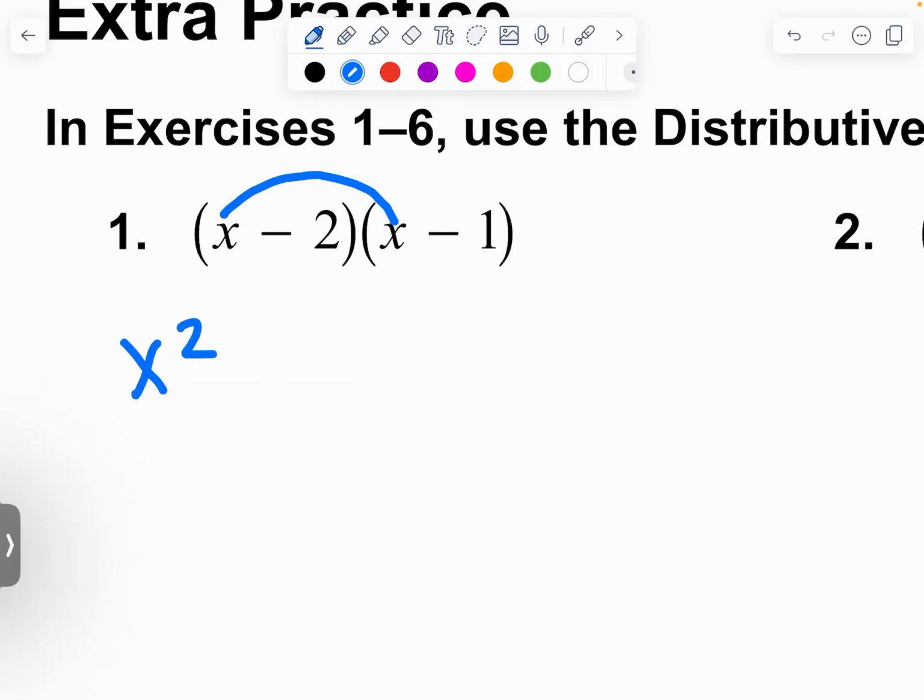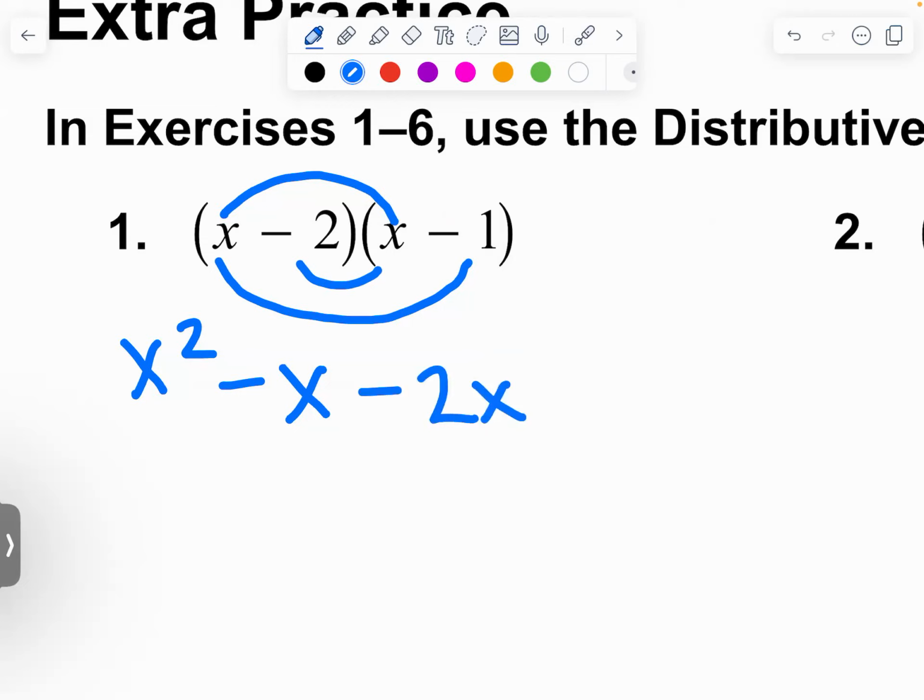Then we'll go to outside. What is x times -1? Okay, if you write -1x or -x, it means the same thing. Okay, our inside product, -2 times x.